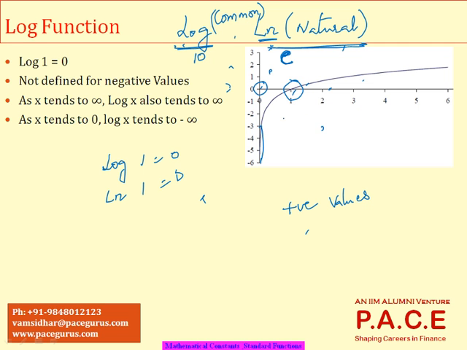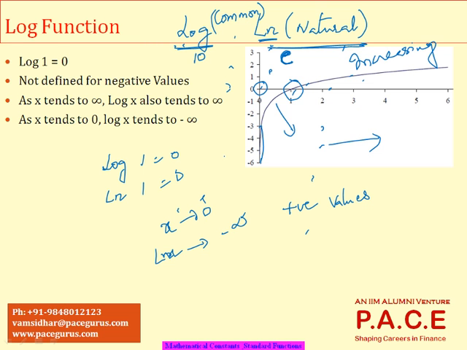So we find that the log x graph does not touch the y-axis at all, but it goes very close to the y-axis, which means as x tends to 0, log x, whether it is ln or log, tends to minus infinity. This is one more observation from the log. And as the values of x are increasing, log x is also increasing, which means it is an increasing function.